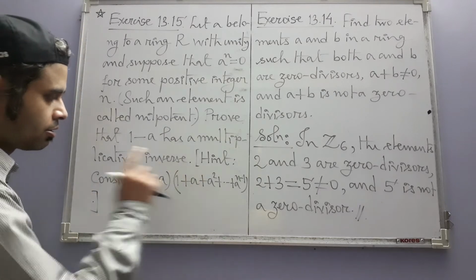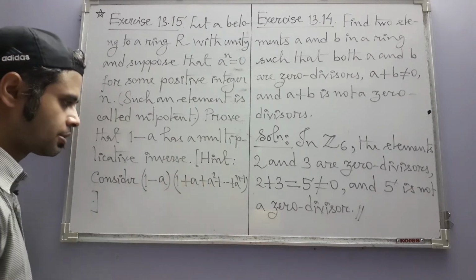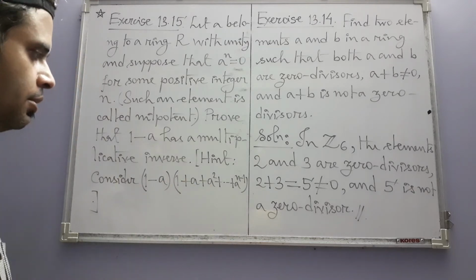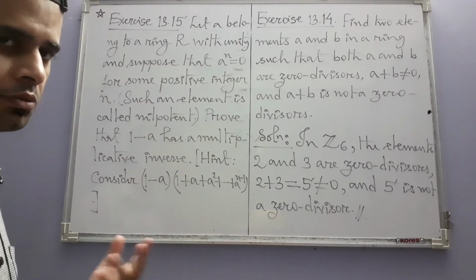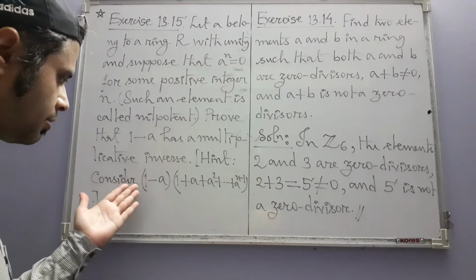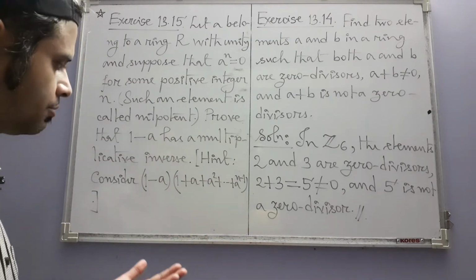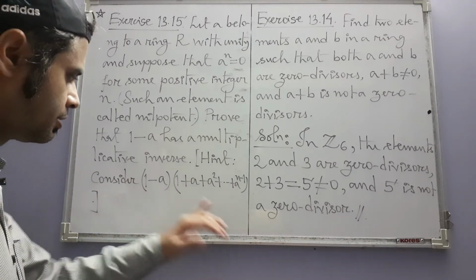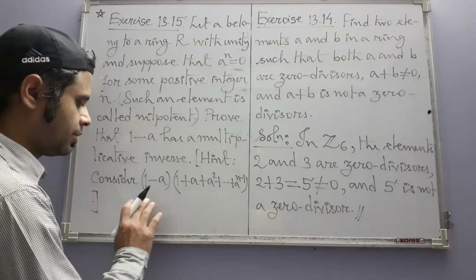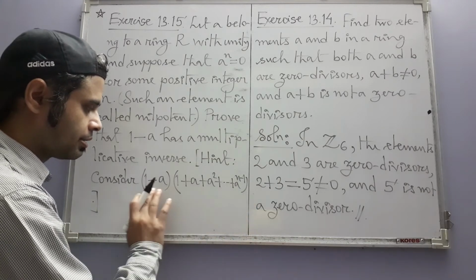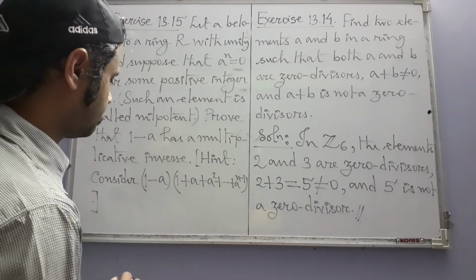Now what the author asks us to do is consider this product. If you carry out the multiplication, which of course you can do because you have the associative law, the commutative law for addition and the distributive law in the ring, you can simply multiply the terms out in the usual way you do in elementary algebra.